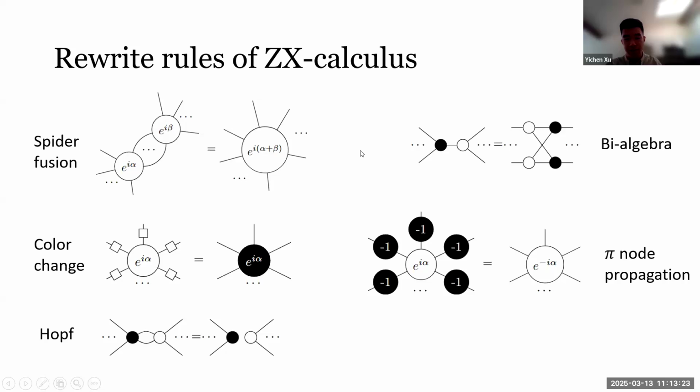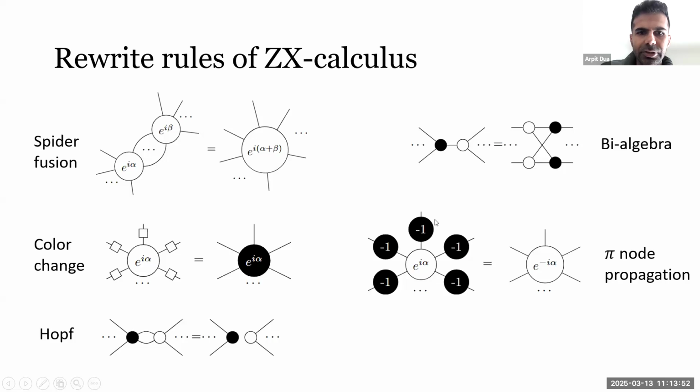Remember, if the phase is 0, we just don't write it in the node. The bialgebra rule means you can commute X and Z nodes through each other, but you pay the price of generating more nodes. And finally, the extra rule I'm quoting, the pi node propagation rule, will be important to understand the error and fault tolerance of ZX calculus.